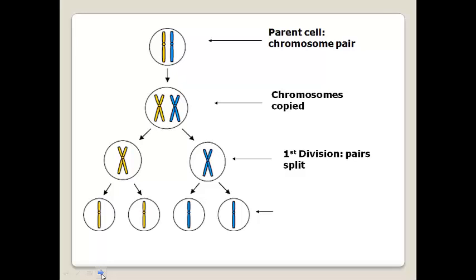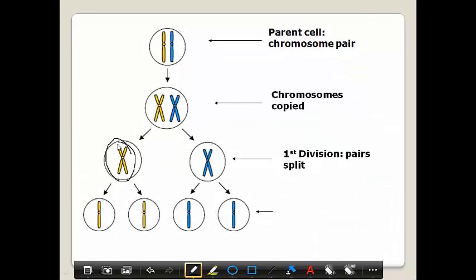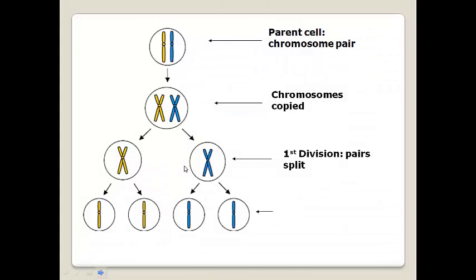So dad's chromosome went this way, and mom's chromosome went this way. But we still have 2 copies of the DNA in each cell. This one has 2 copies, and this one has 2 copies. So we haven't gotten down to half the number of chromosomes yet. We still have double the DNA, so we need to do one more division.